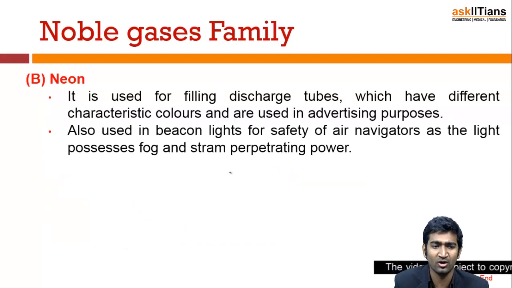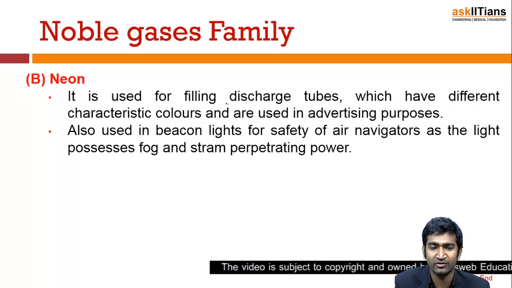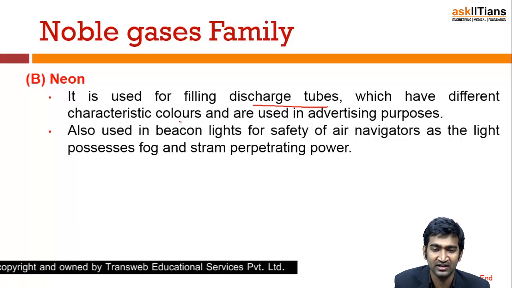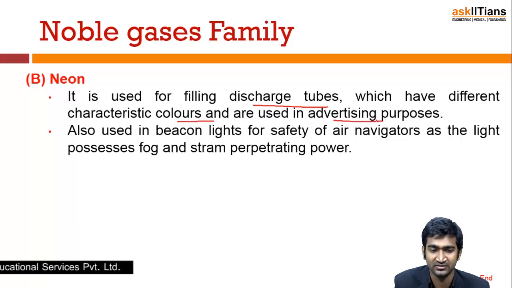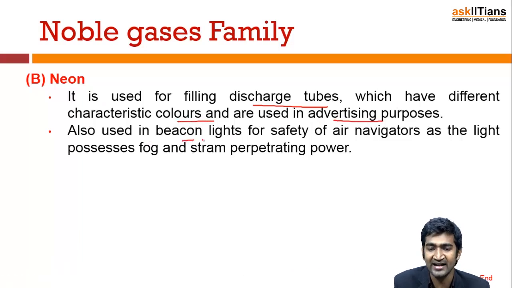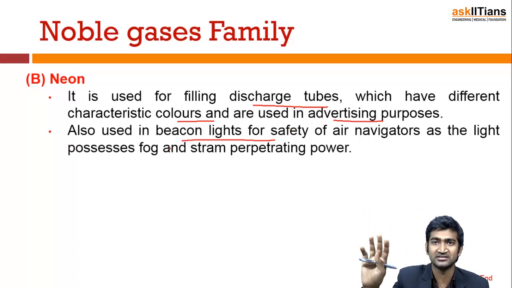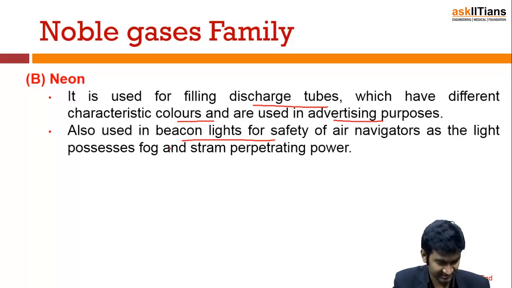Next application is of neon. Now this is used for filling discharge tubes, which have different characteristic colors and are used for advertising purposes. Also it is used in beacon lights for safety of navigators. So from far away you can tell that okay, there is someone there, and then accidents may happen very rarely.